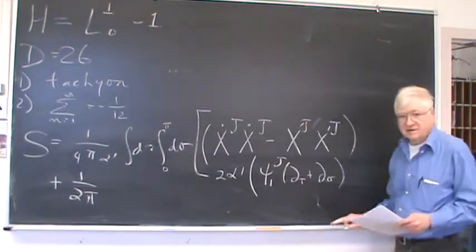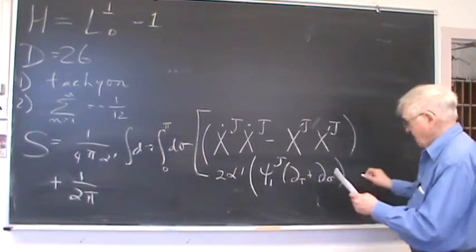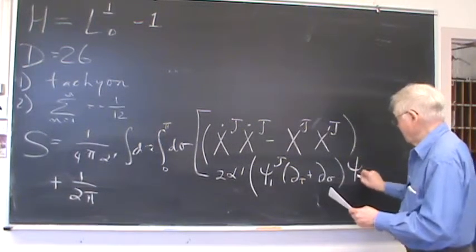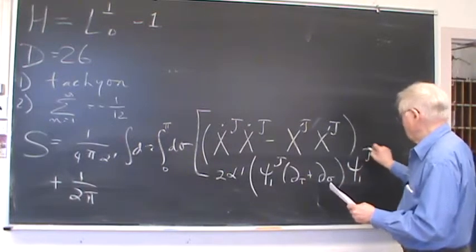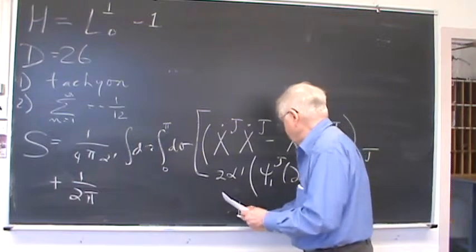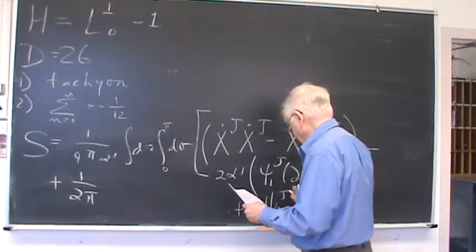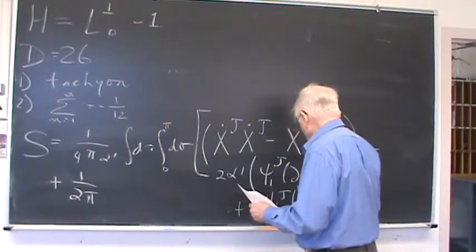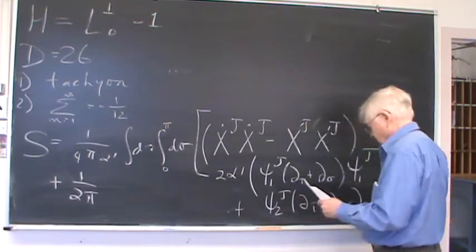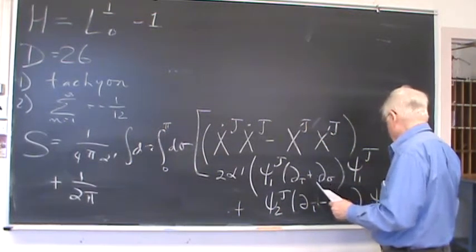So this is a light cone structure here. Psi 1J plus psi 2J, tau derivative minus sigma derivative, psi 2J.